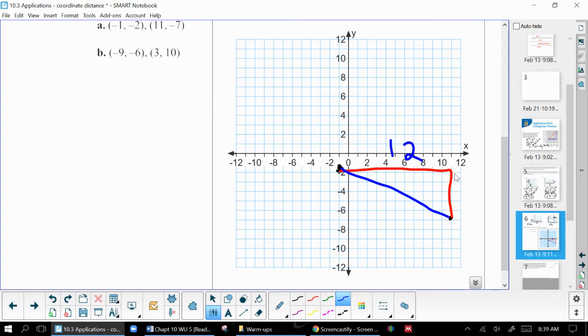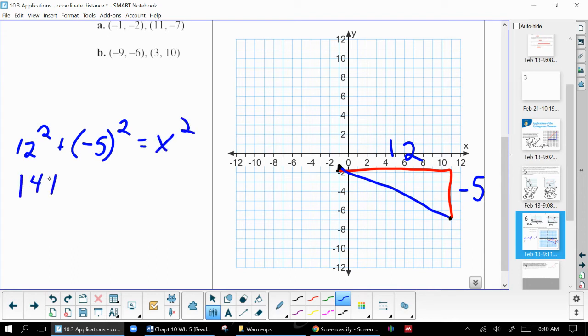Same thing here. I was at -2 and I went down to -7. Well, -7 minus -2 is -5. So I went down 5 units. Again, in this case, because we're going to end up using the Pythagorean theorem, it doesn't really matter if you use a negative number or a positive number, but I'm going to keep it negative just for now. So we've got 12 squared plus, and I've got to use parentheses, especially in my calculator, -5 squared equals x squared.